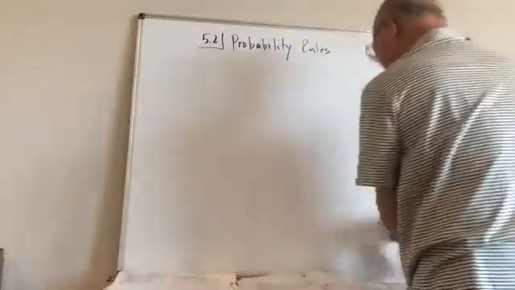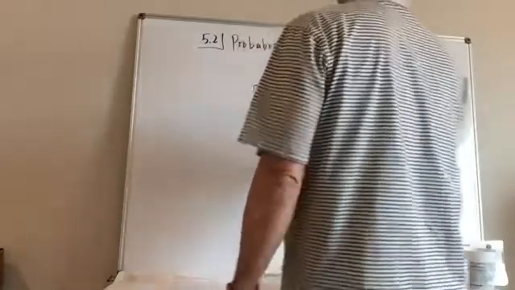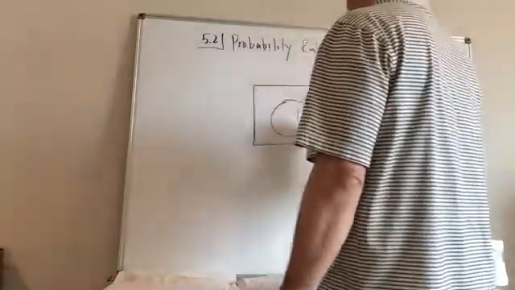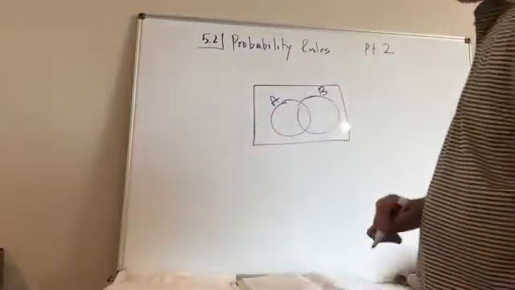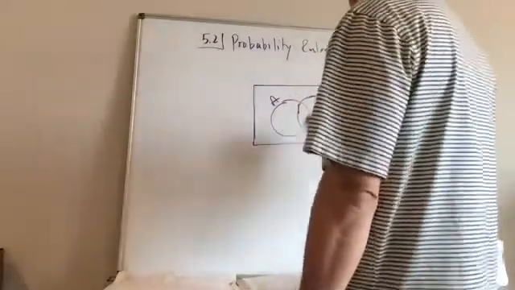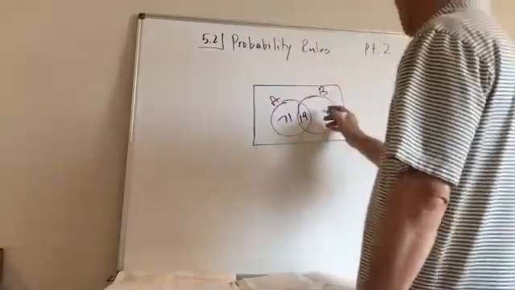So let's go ahead and represent what we just talked about in a Venn diagram. In a Venn diagram, we're going to have A and B. A was what? 1971? What was this?